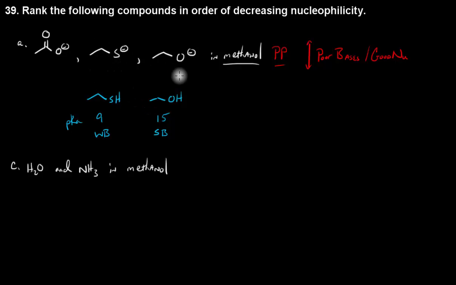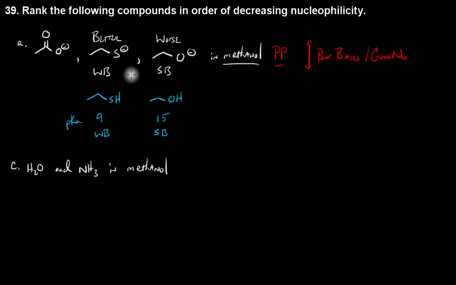So when we're comparing the conjugate base of the thiol and the conjugate base of the ethanol, the conjugate base of the thiol is actually going to be a better nucleophile than this ethoxide.